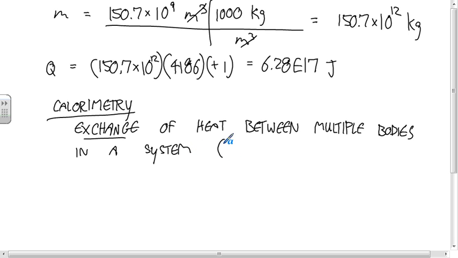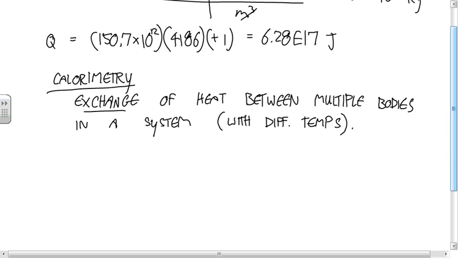And for any heat to be exchanged, these bodies have to have different temperatures. And the key to being able to come up with calorimetry equations is conservation of energy.